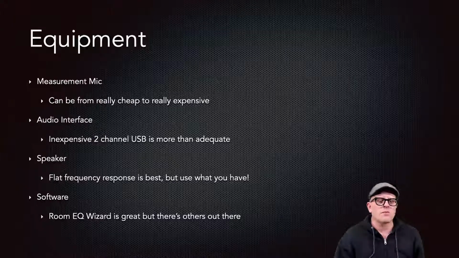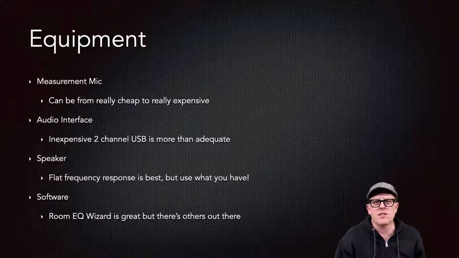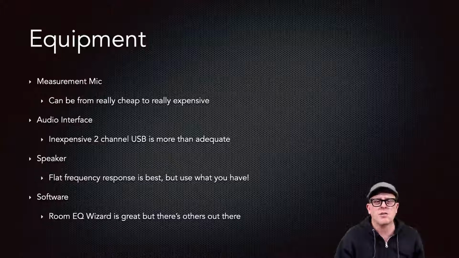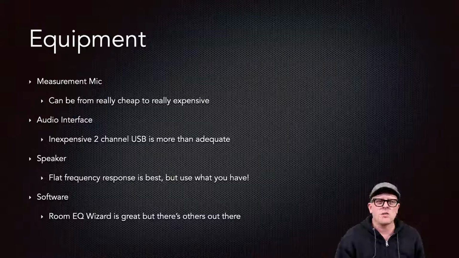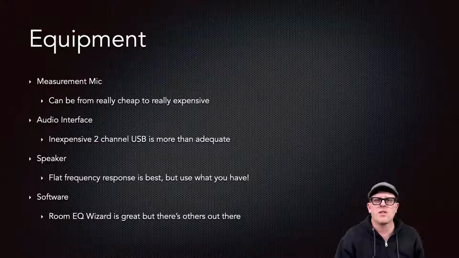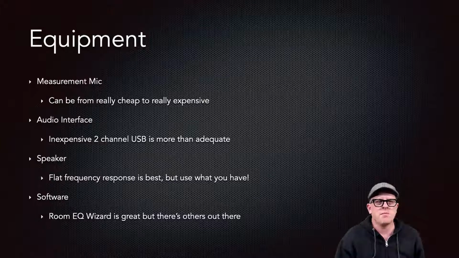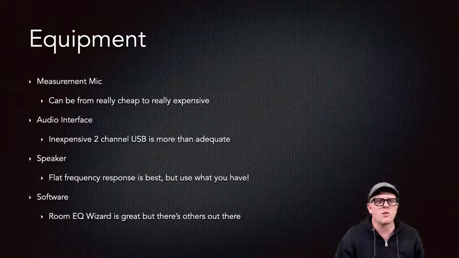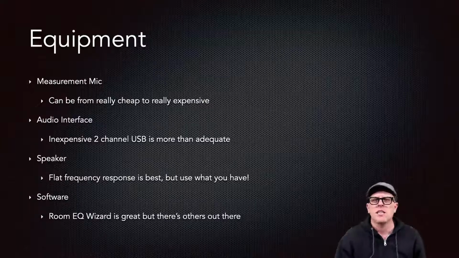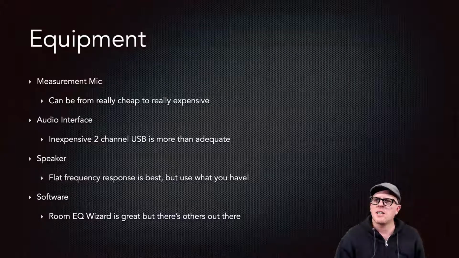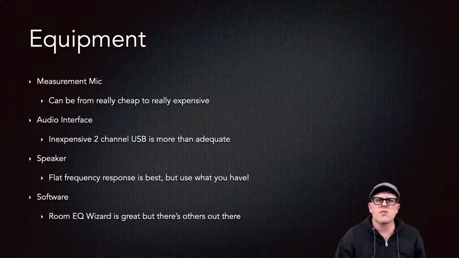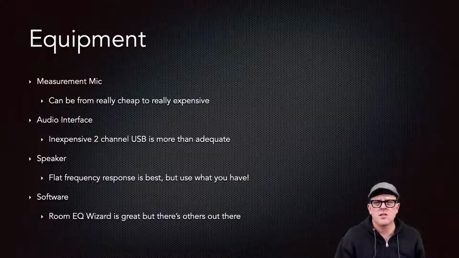And then some software. REW, Room EQ Wizard, is great, but there's other stuff out there. There's Clio, which is from an Italian group that makes this stuff. It's really expensive. I've used a thing called Arta, which is written by, I think, a Czech professor. It's Windows only, and it's pretty cool. It's what I used before Room EQ Wizard was out and around. There's also SMAART, with two A's.